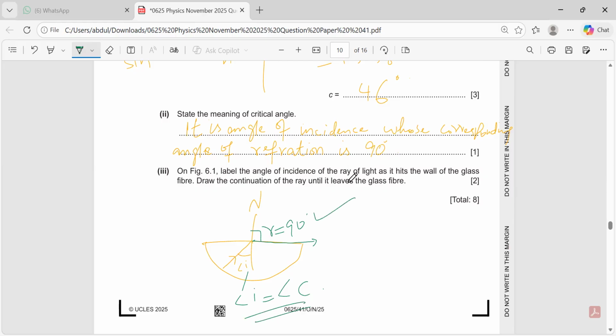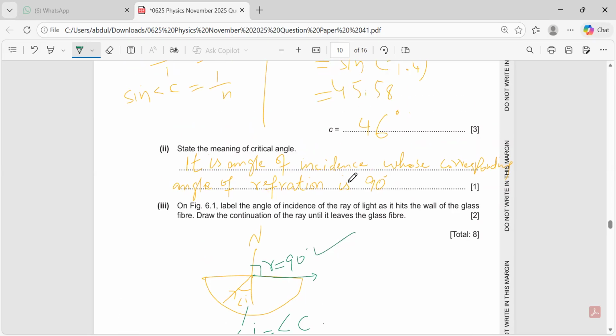That angle of incidence is the critical angle. Better to write here: in the denser medium, for which the angle of refraction is 90 degrees, that will be the critical angle. This was a simple definition.